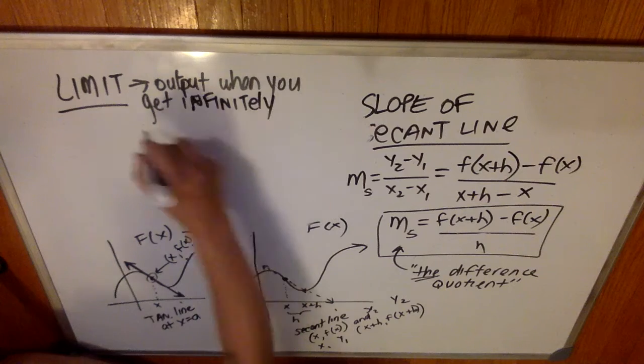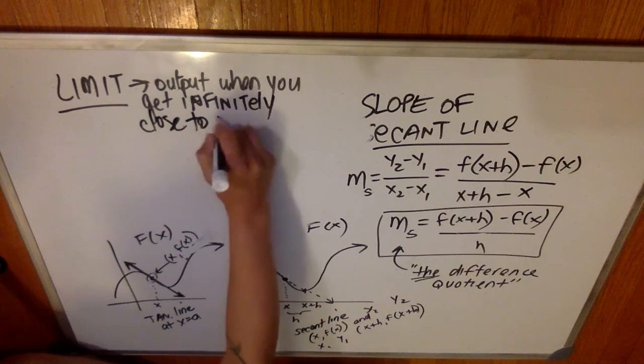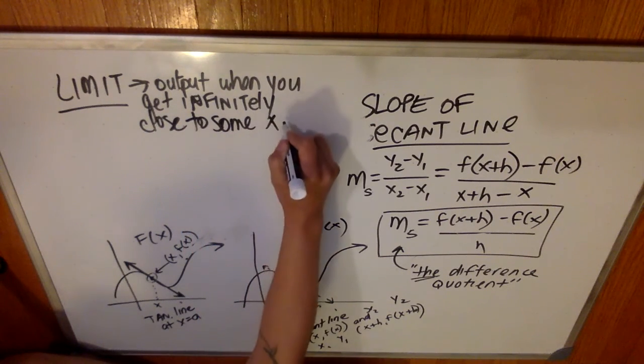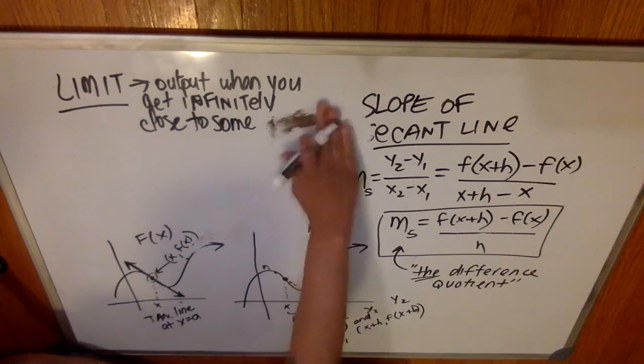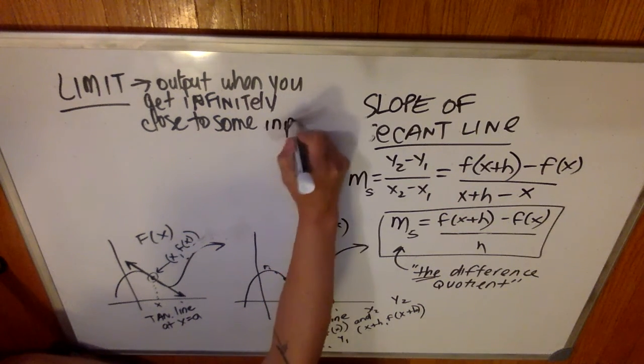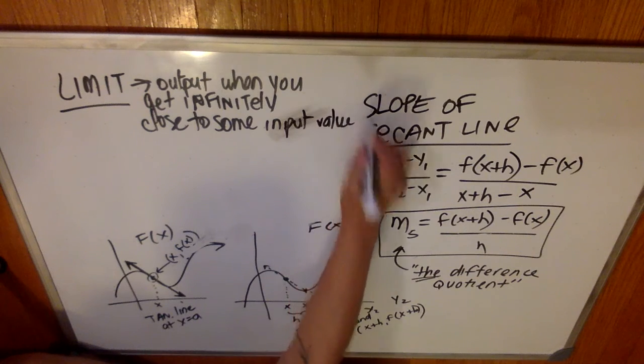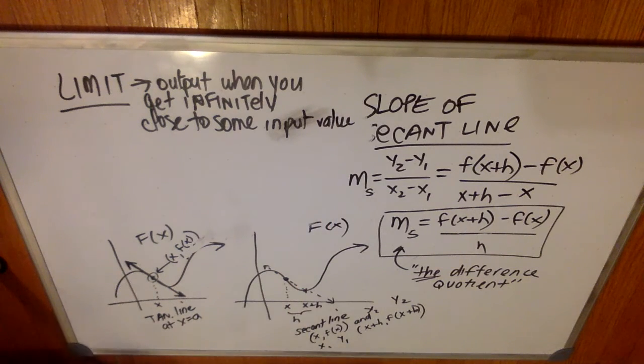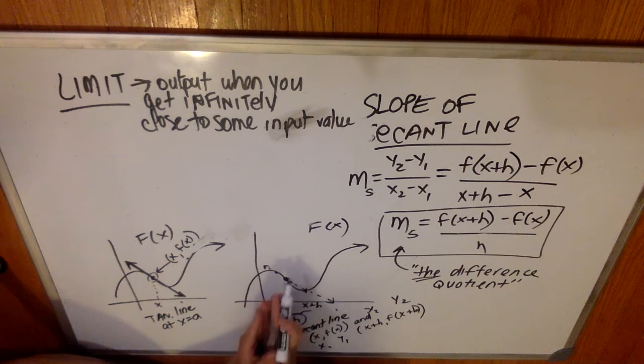Infinitely close to some x value, right? Or some input value, because it's not always x. So essentially it's the output when you get infinitely close to some value. Specifically in this case, what we want to do is have this h value get really, really close to 0, since we want these two points to get so close together that they are fundamentally the same point.